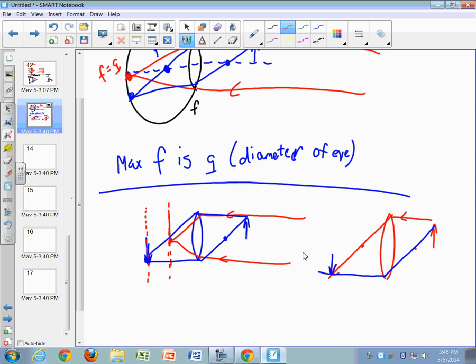Here was my focal point, and this is my image distance, q. If I'm looking at something up close, my image is behind the focal point on the other side. That's why for your eye, when you look at something close, those muscles squeeze down that lens and make it fat in the middle so that its focal length decreases.